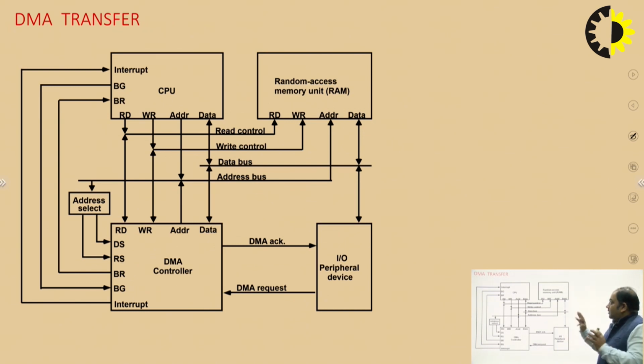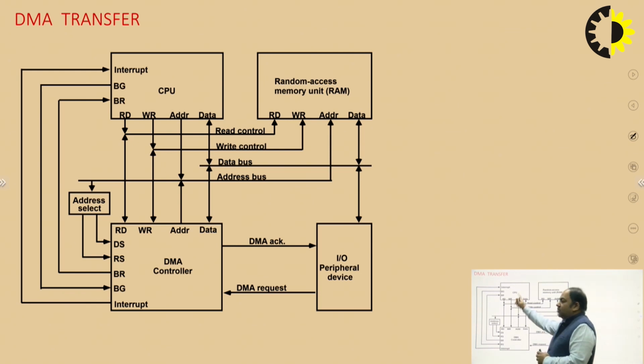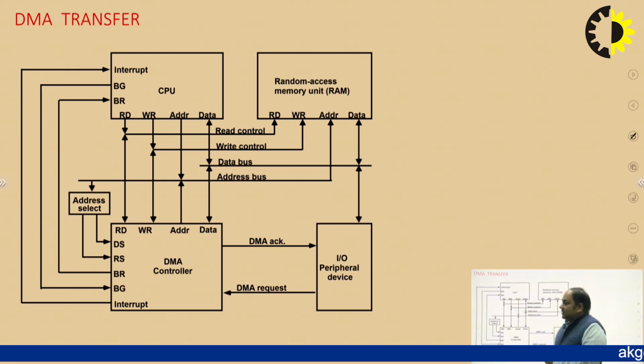Now, this is the DMA transfer. The input output peripheral device makes a DMA request. The DMA controller sends a bus request to the CPU, and when we request a bus, the CPU grants the bus to us. We do a read write operation through register select and data select, which is done on the basis of the address bus.